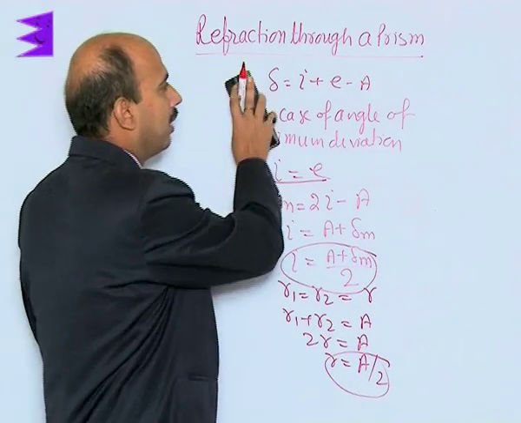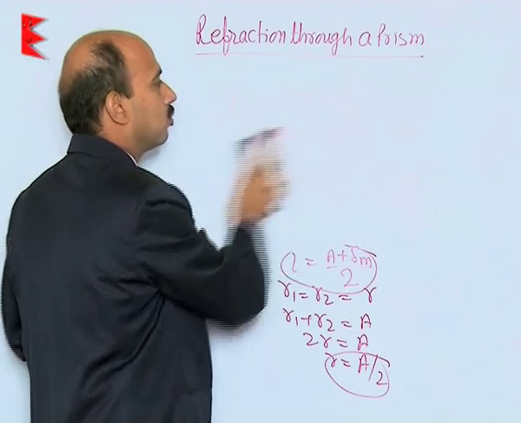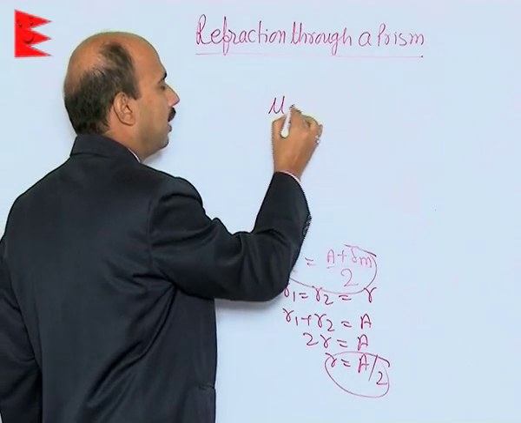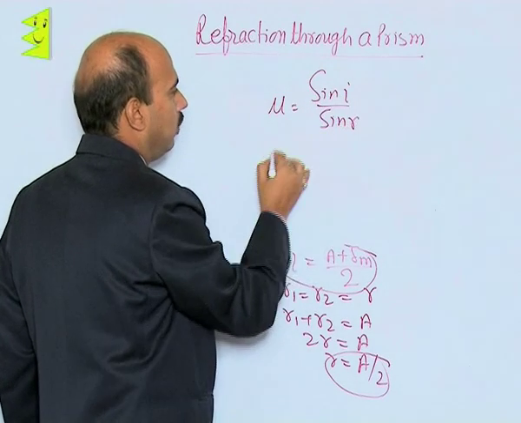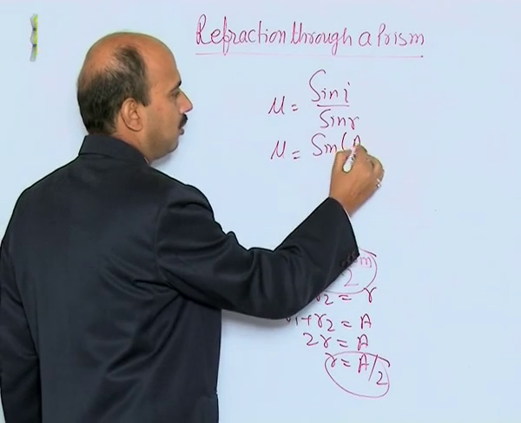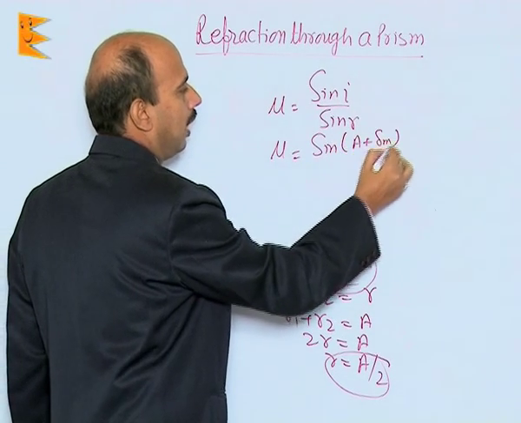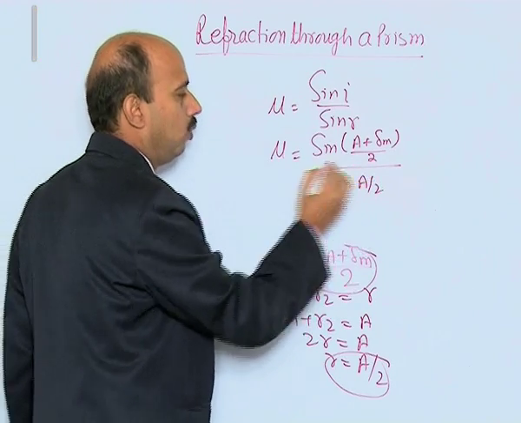So now we can write the equation for refractive index. The refractive index of the prism can be written, mu is equal to sin I upon sin R. So it can be written mu is equal to sin, in place of I this one, A plus delta M upon 2, divided by sin A upon 2.